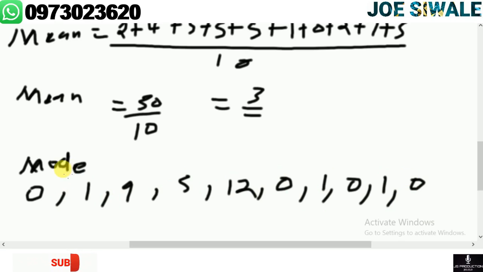So the mode is the number that has the highest frequency, and as you can see here, the zeros are appearing 4 times. So here the mode will be 0.